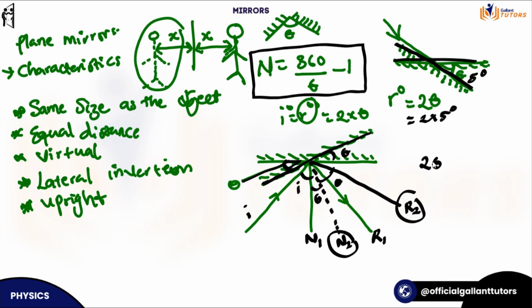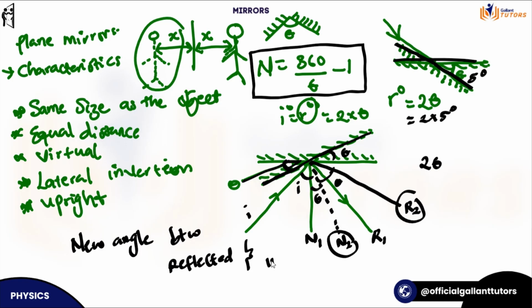But just take something away from here, which is that the new angle between the reflected ray and the incident ray is equal to 2i plus theta. Just know this for a fact, the new angle between the incident and reflected ray.